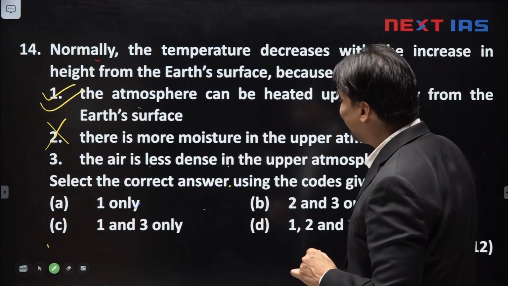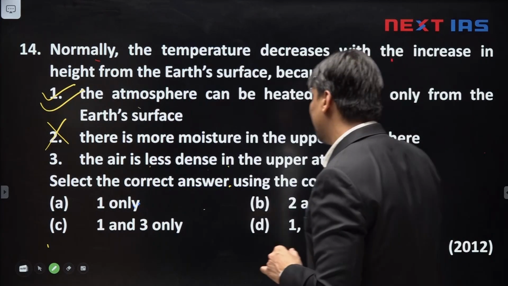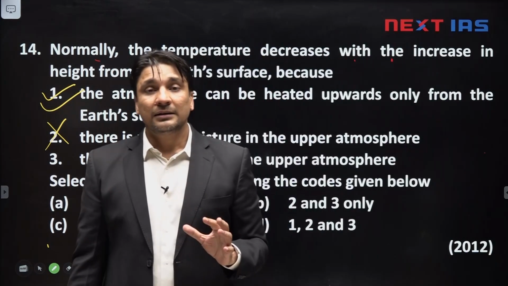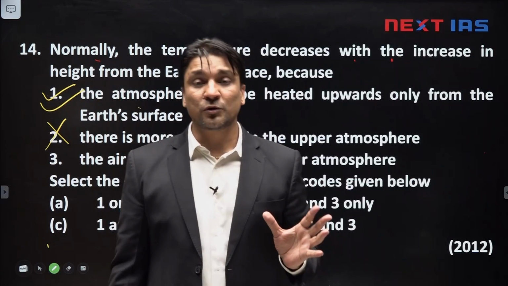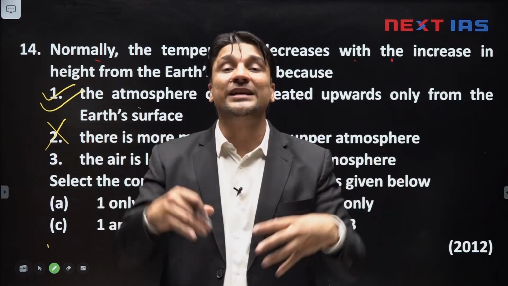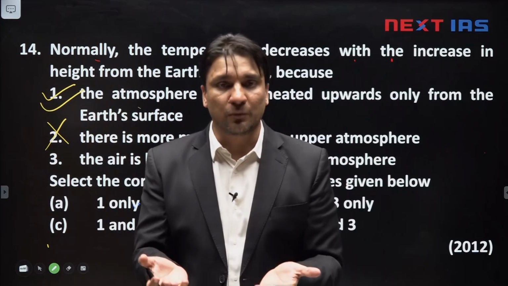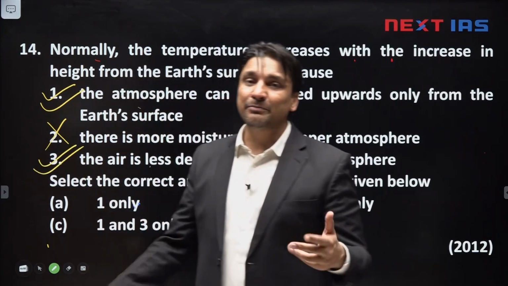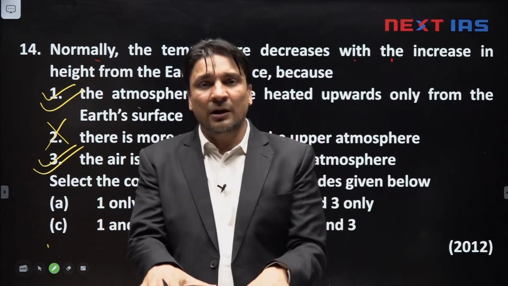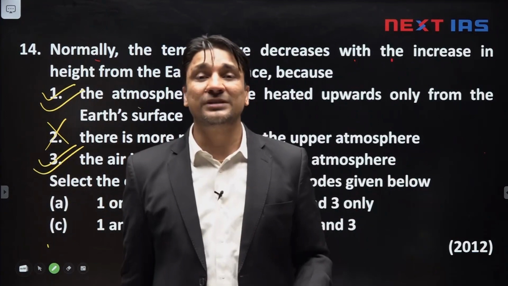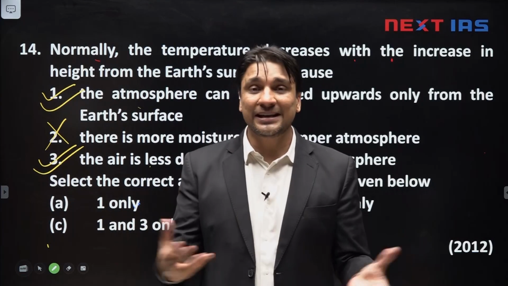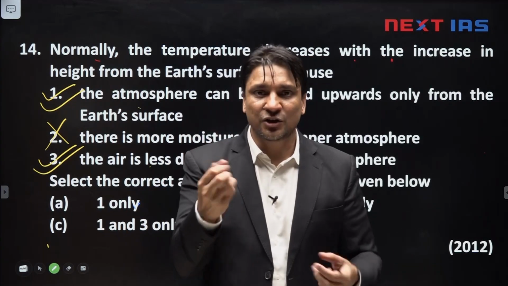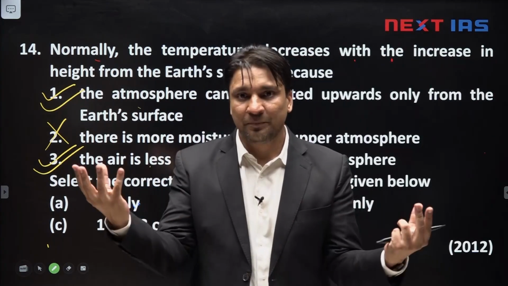The third statement: the air is less dense in the upper atmosphere. The air being less dense in the upper atmosphere means the concentration of greenhouse gases is lower there, and that also explains the fall in temperature with height. Near the ground, the density of greenhouse gases is very high. Greenhouse gases trap terrestrial radiation and re-radiate it.